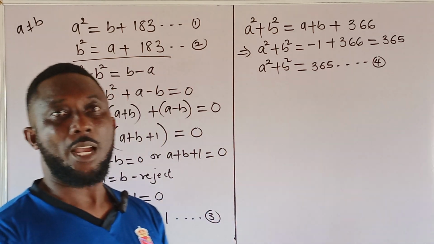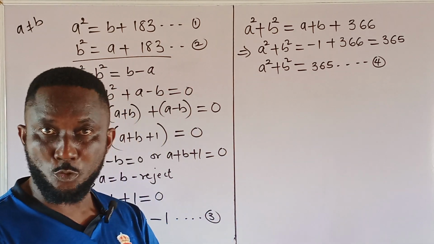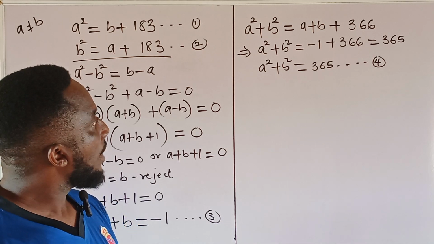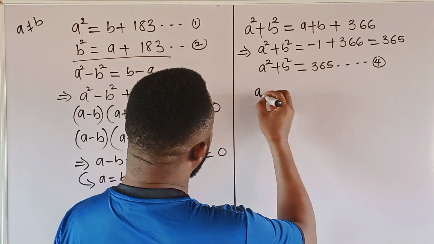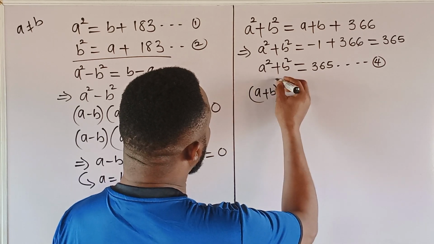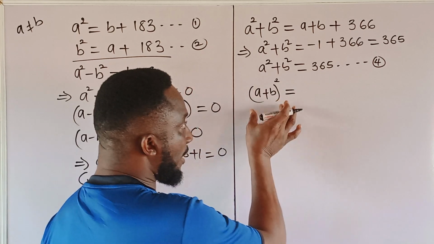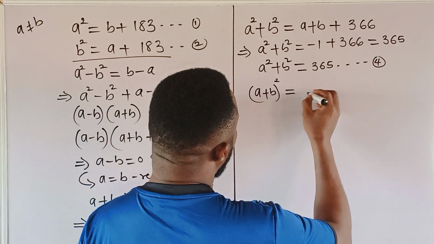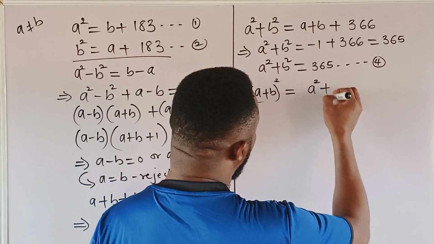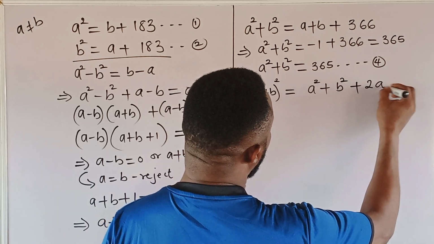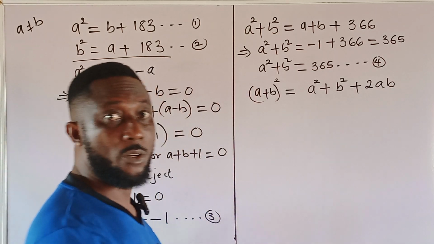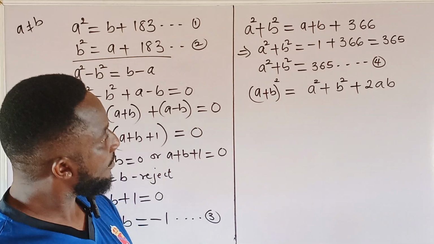Then I shall also go and look at our algebra toolbox, the perfect square trinomial. If we have (A plus B) whole squared and I expand this, I'm going to have A squared plus B squared plus 2AB. This is called the perfect square trinomial.